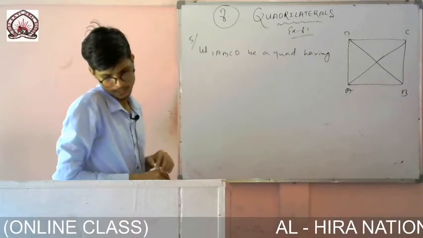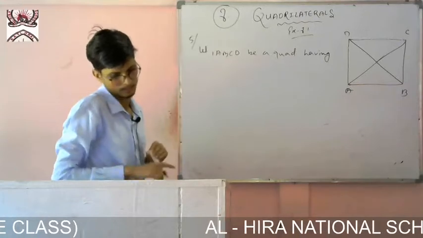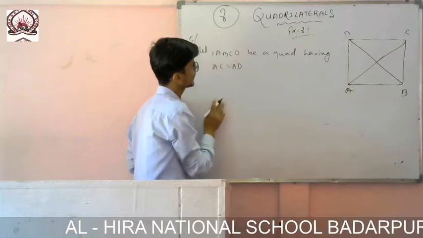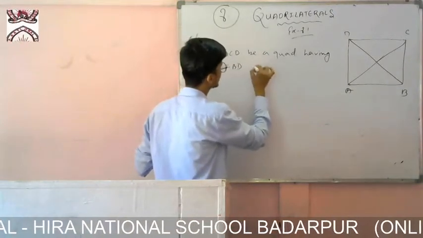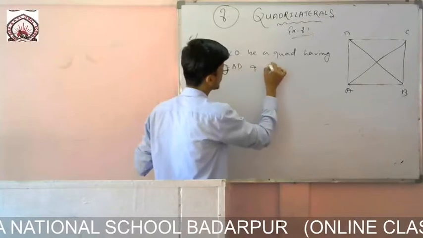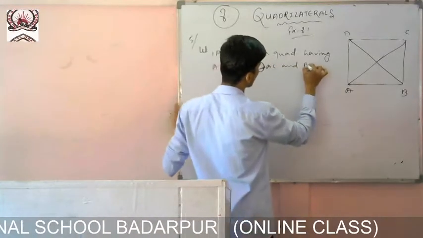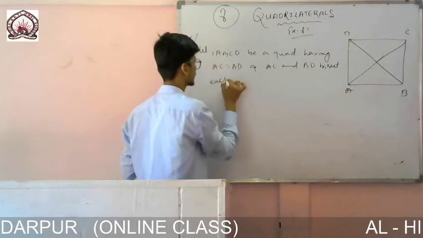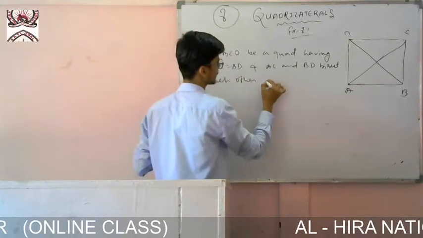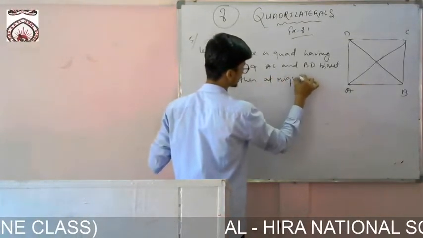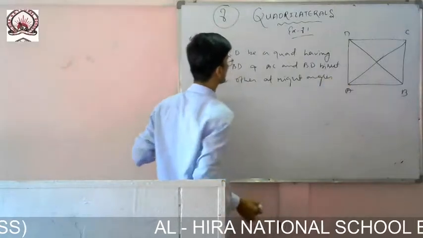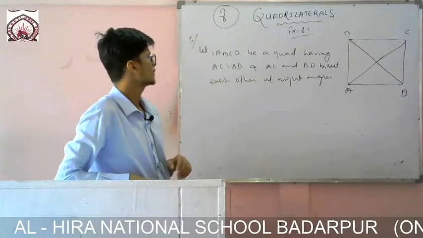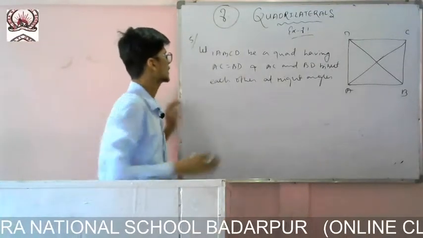Having AC is equal to BD, and AC and BD bisect each other at right angles. ABCD is a quadrilateral having AC equal to BD, like this diagonal.